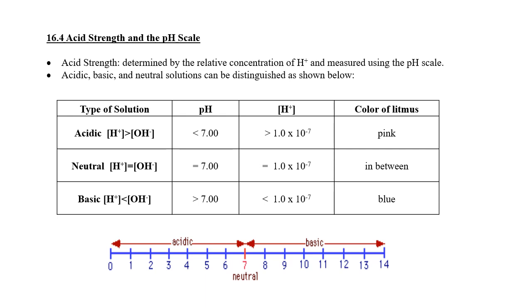So there are several ways which we can assess acid strength. The pH scale is one of them. Let me show you a few things before we get into the pH scale. Acid strength can be measured or assessed using, one, the pH scale. However, the pH scale can be a little tricky because it's concentration dependent.